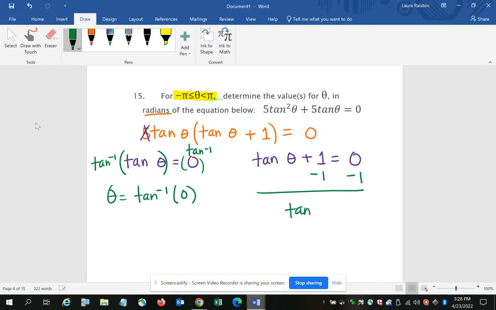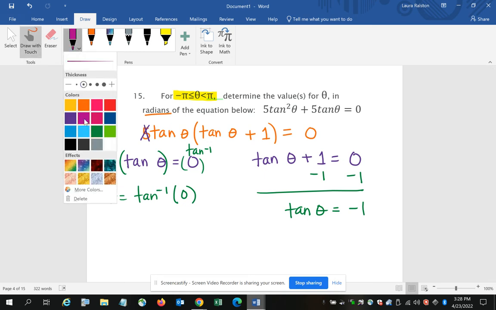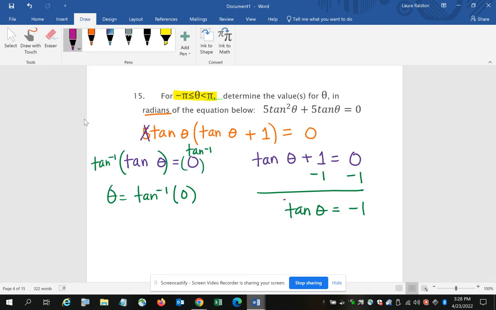So I have tangent of theta equals -1, and then I can do arctangent. So theta is the arctangent of -1.